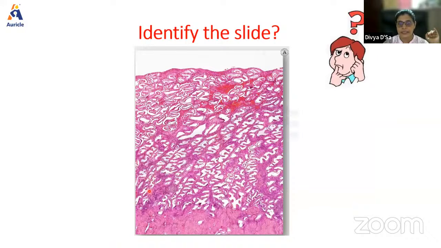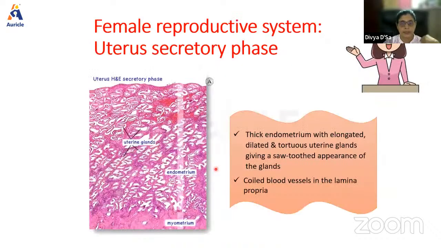When we see the secretory phase, suddenly you can see how the glands are spiraling. You can see spiral vessels as well as the glands. The glands also become very tortuous, so in a cut section it gives the appearance of a sawtooth.